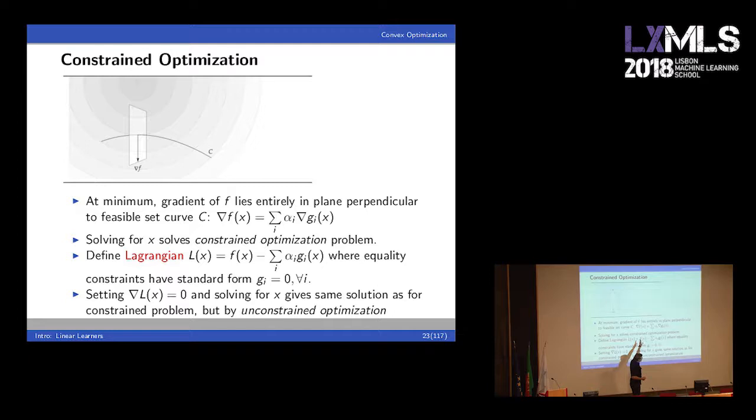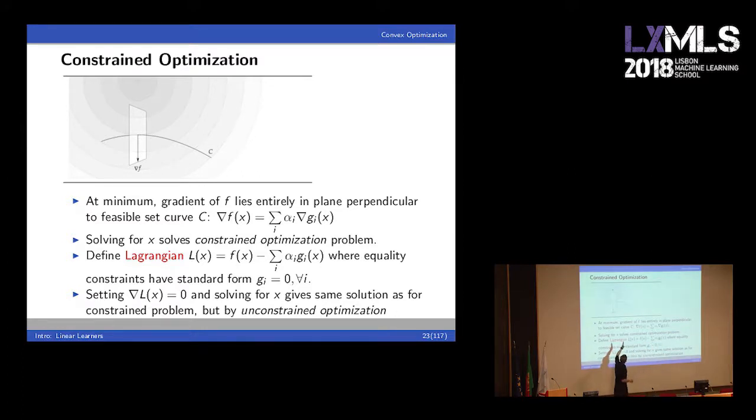You can show that the gradient of the function lies in a plane perpendicular to the plane that is spanned by the constraints. So this here is a plane that's spanned by the gradients of the constraints.